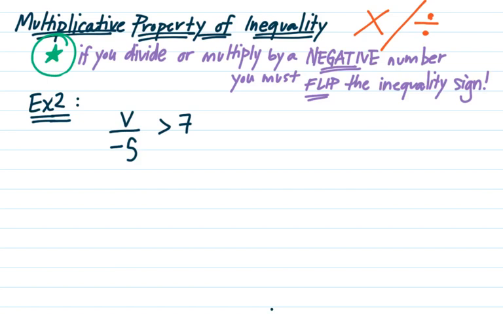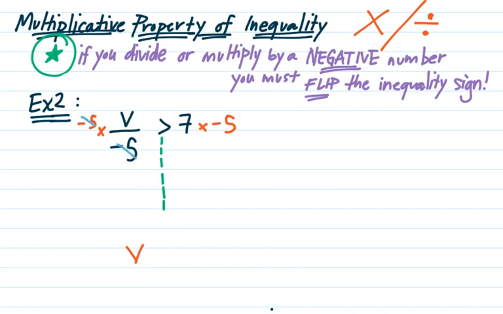Okay, let's do one more example. We have here v divided by minus 5 is greater than 7. So again, just like equalities, we make a dotted line. In the end, we're going to want v all alone here on the left. So to remove this dividing by minus 5, we have to multiply by minus 5. But since we do it on the left, we also must do it on the right. Now that's fine, that canceled.